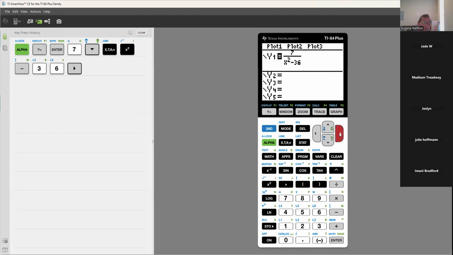Now we'll say this, y'all. If you don't do this fraction notation like I did, you have to put parentheses around the top and bottom if you're using the divide for it, okay? So like if you did 7 divided by x squared minus 36, you would have to put them in parentheses so that the calculator would know the top from the bottom, okay?